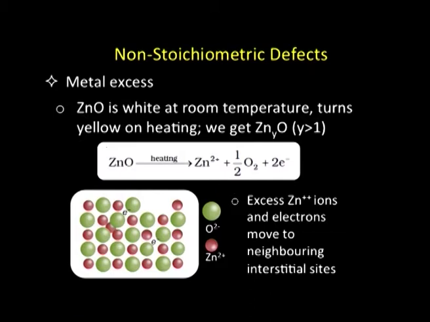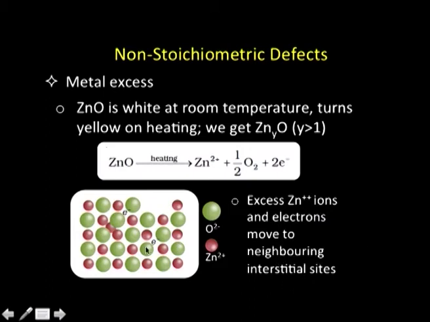To begin with, we had 1:1 zinc ions and oxide ions, but because some of the oxide ions have been converted into oxygen, we get a shortage of oxide ions. So there is an excess of zinc ions. These excess zinc ions and electrons move to neighboring interstitial sites.